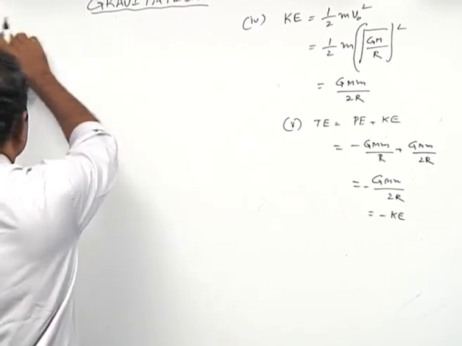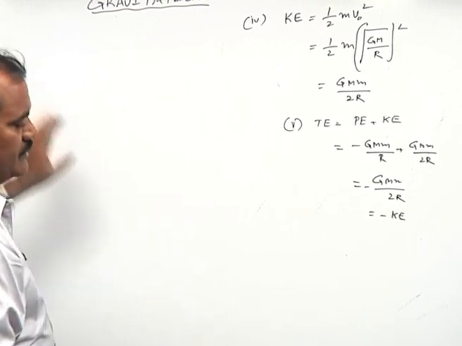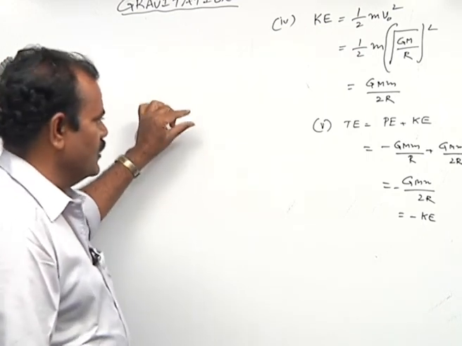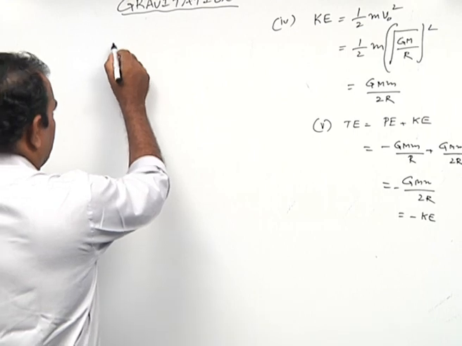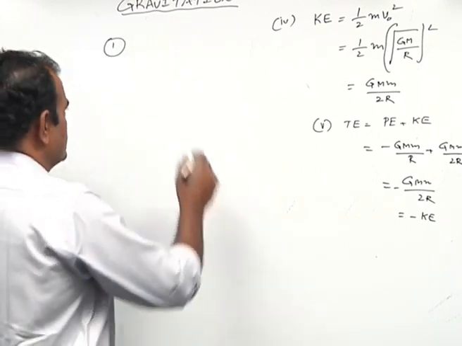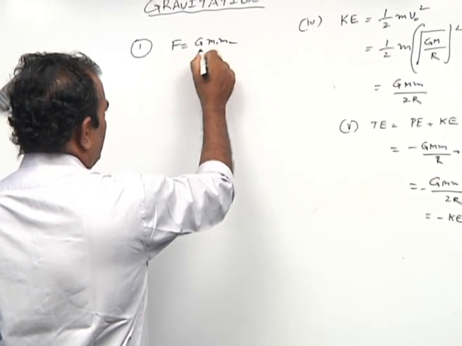So far we have completed two phases of this gravitation. As I already told you, in the first phase we took intensity of gravitation and the inverse square law of gravitation. So I write all the formulae that come in this gravitation. First, F is equal to capital G m1 m2 by d square.